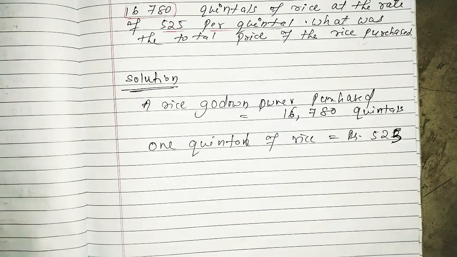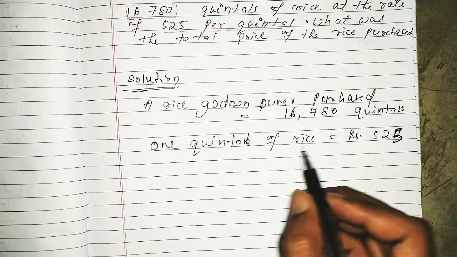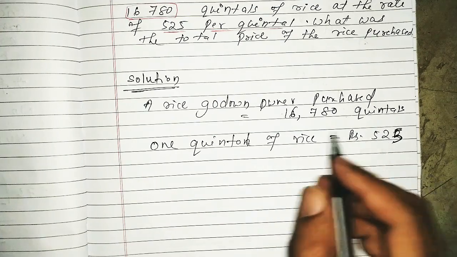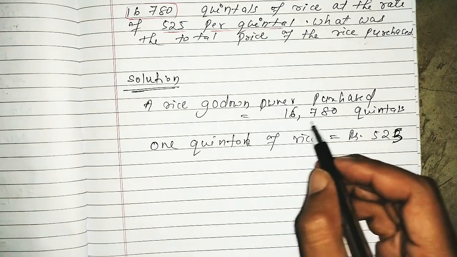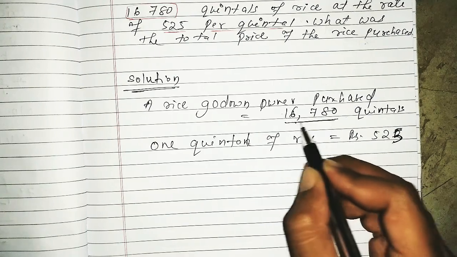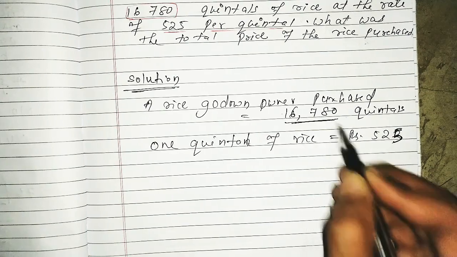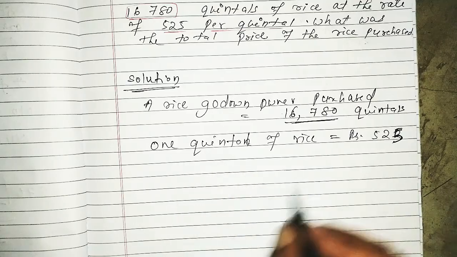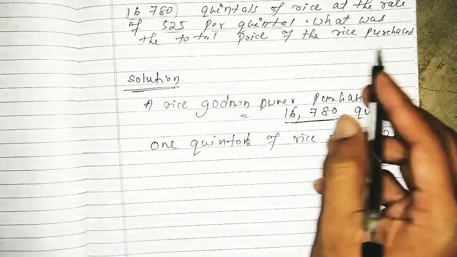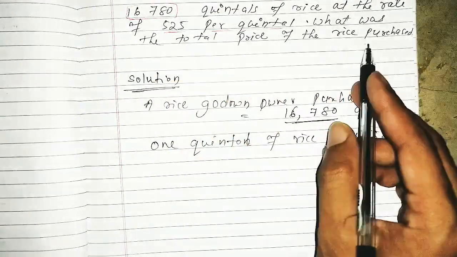And the godown owner purchased 16,780 quintals. So what is the total price of the rice purchase?